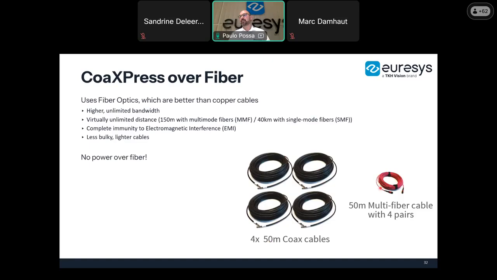And on the right side, we have an equivalent fiber cable. Inside of this cable, we have 4 pairs of fiber. So we have 4 channels equivalent to 4 coaxial cables. And we can see the clear difference in terms of volume, weight, and diameter.